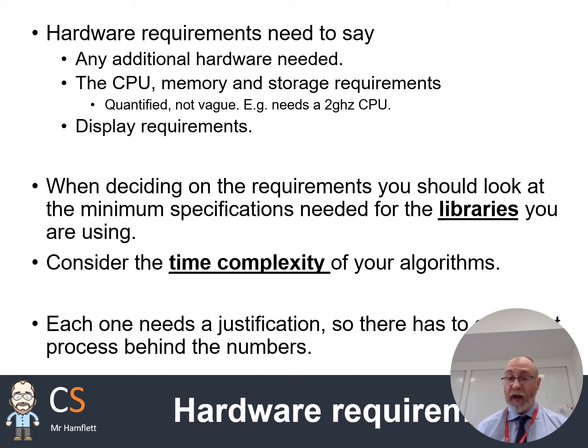Now, for the most part, you won't have a clue, in all honesty. So I would suggest the specs of a Raspberry Pi is probably a good one to go for, unless you've got a specifically complicated algorithm behind the scenes, something that is going to take a lot of processing. In that case, you consider the time complexity of your algorithms and then increase the requirements as a result of that.